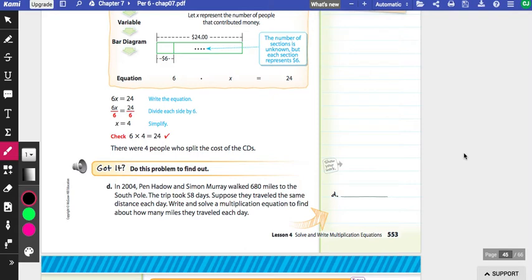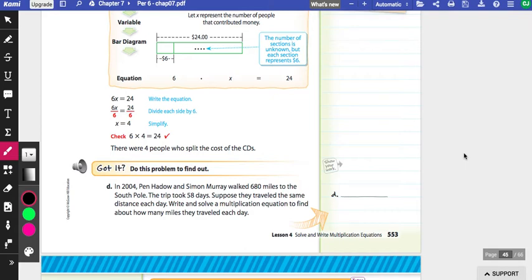So in 2004, Penn Hadow and Simon Murray walked 680 miles to the South Pole. The trip took 58 days. Suppose they traveled the same distance each day. Write and solve a multiplication equation to find about how many miles they traveled each day.